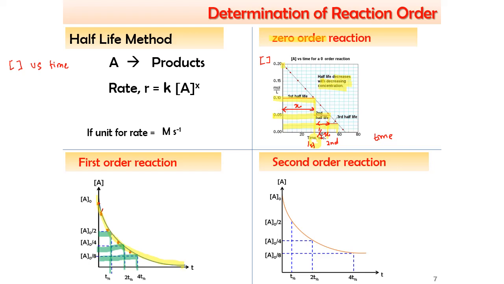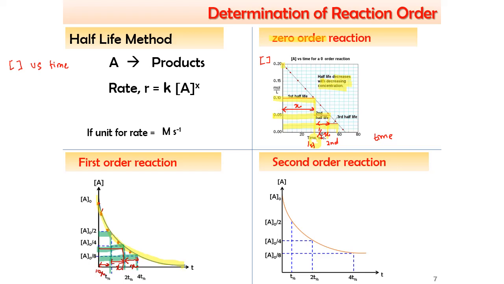Let's say the value here is x, and the same goes for the second half-life, this one. So the difference is also x, and the third half-life is also the same, which is constant. So let's say the amount here is 10, so all of the half-lives are also 10 minutes.